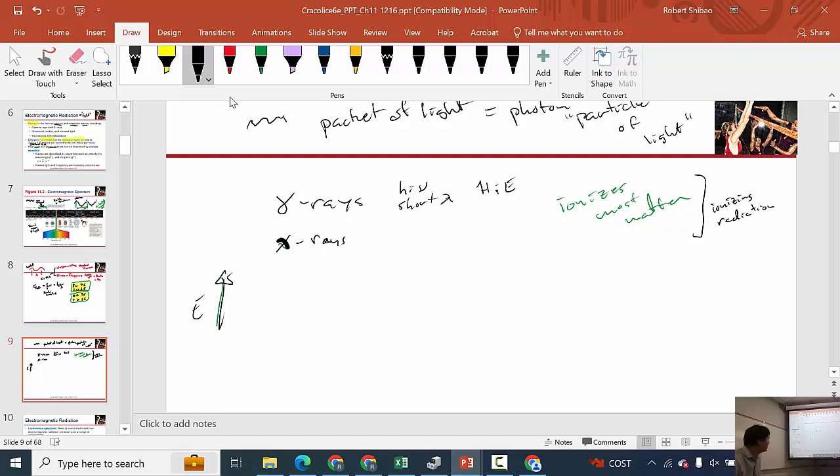A little lower energy than X-rays is ultraviolet. Ultraviolet can ionize some things, but not a lot. And so typically what ultraviolet does is it breaks bonds. What holds the atoms together in a bond are the electrons.